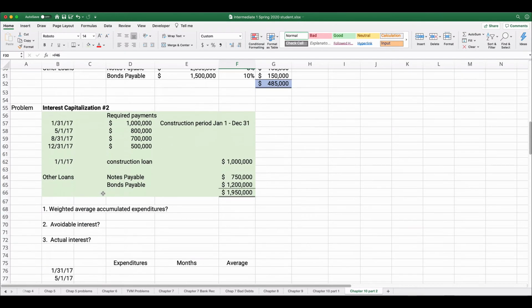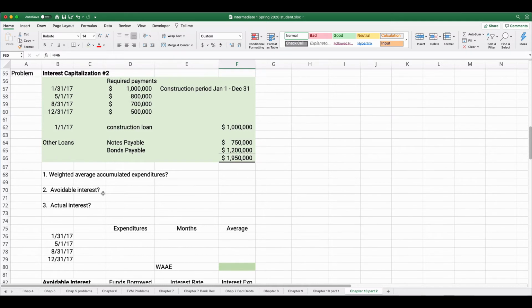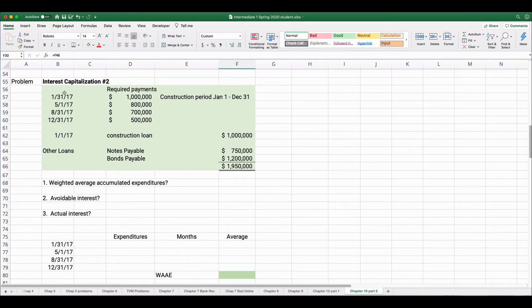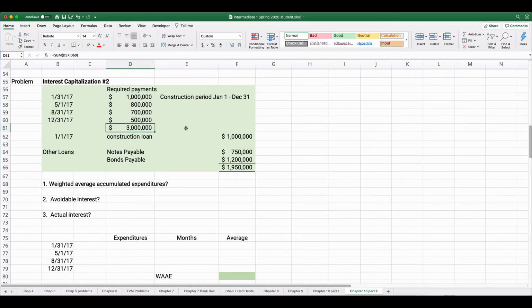All right, let's look at the second problem. Same kind of problem, just different numbers. Let's do our second problem where we have January 31st, and we have different dates, we have different amounts, and certainly we can add this up and figure out, well, this is a $3 million construction project. Construction period is January 1 through December 31st.